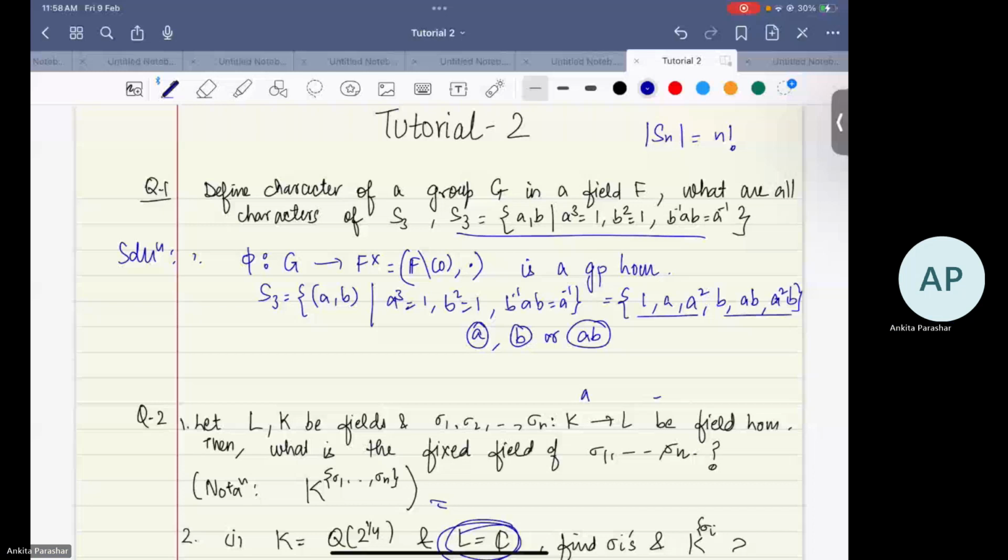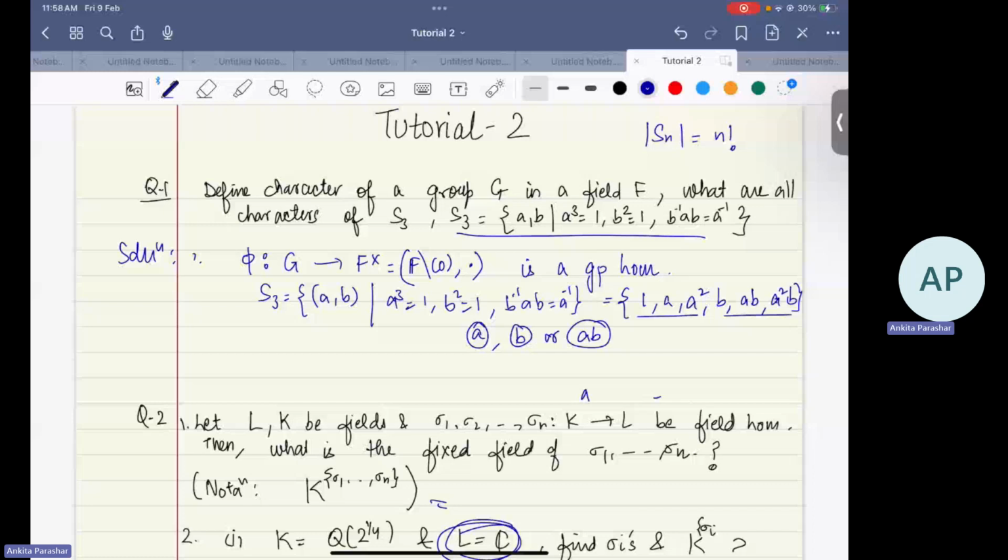Because these are the 4 roots of unity. Roots of unity are nothing but plus minus 1, plus minus i. All these elements get multiplied by 2 power 1 by 4 and we get all the choices. So in this case, we have a total of 4 field homomorphisms from K to L.